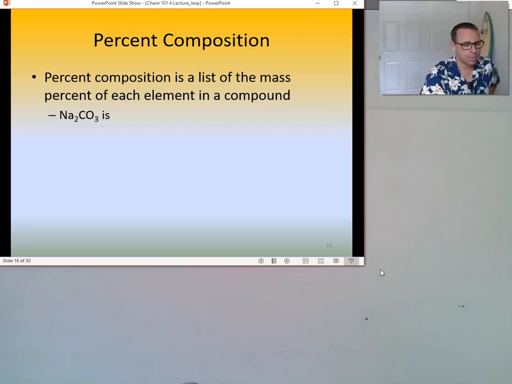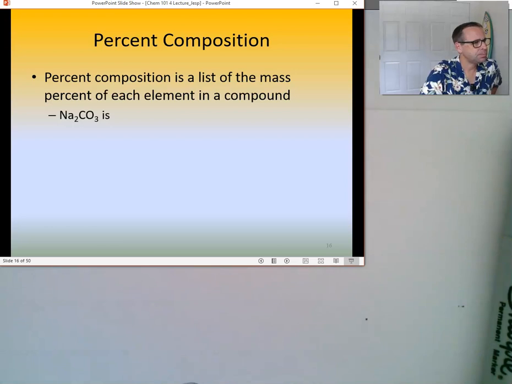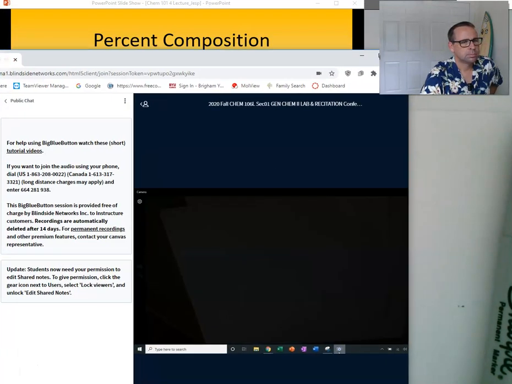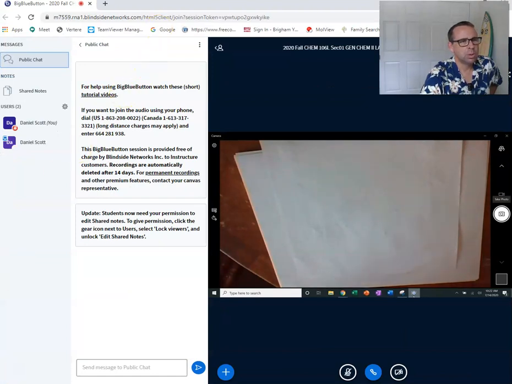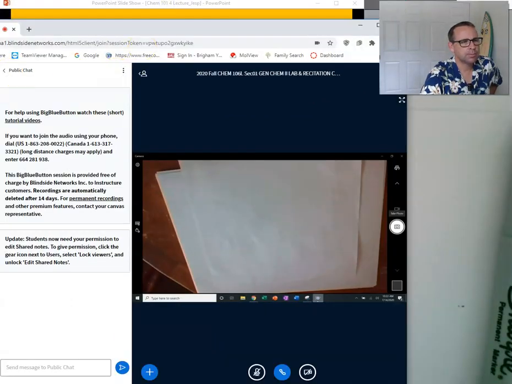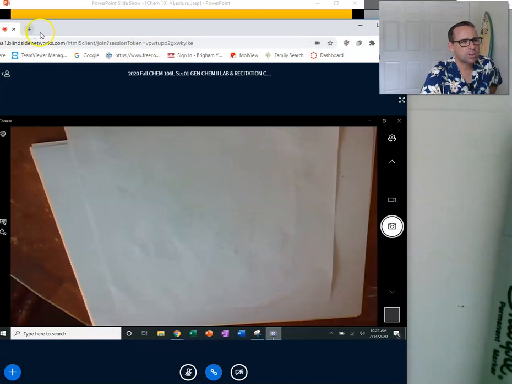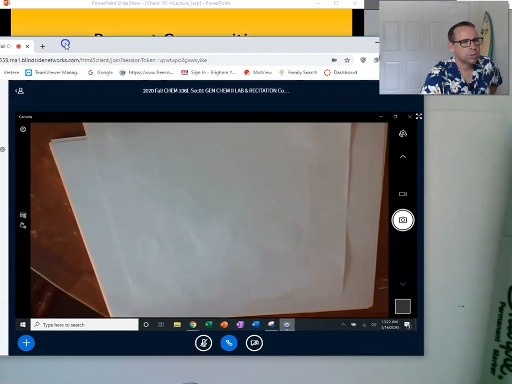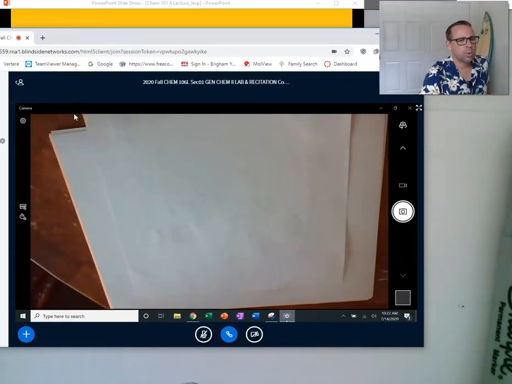Can you help us find the molar mass of sodium carbonate? You want to do it on your screen? Sure. What are we trying to figure out again? The molar mass of sodium carbonate. Molar mass, which is how many grams you need of sodium carbonate to get 1 mole. So why don't you write the chemical formula for sodium carbonate there?